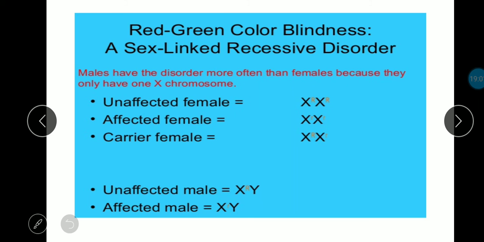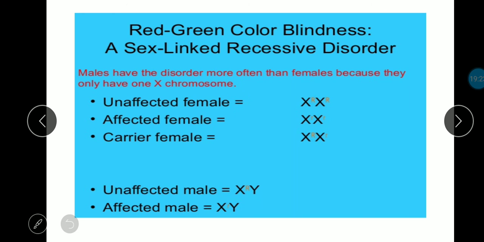We can see the genotypes in the case of color blindness. It is a sex-linked recessive disorder. Males have the disorder more than females because they only have one X chromosome.